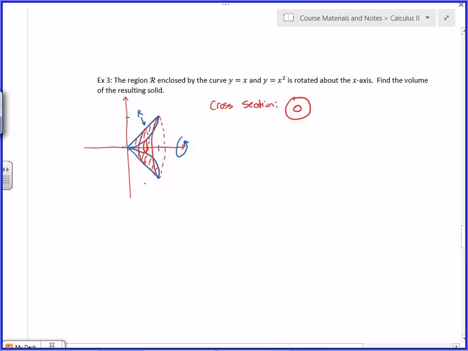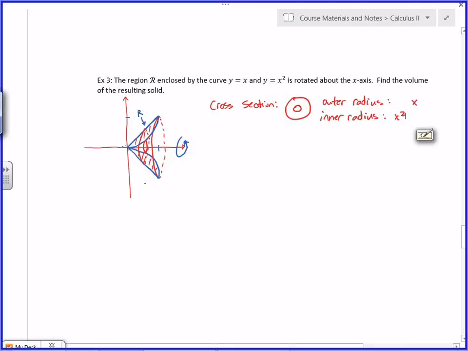Okay? What's the inner? Actually, I like to start with the outer. What's the outer radius? It's x, because it's the outside function. That makes sense to you, right? And the inside? x squared.